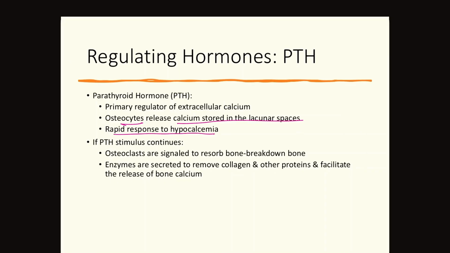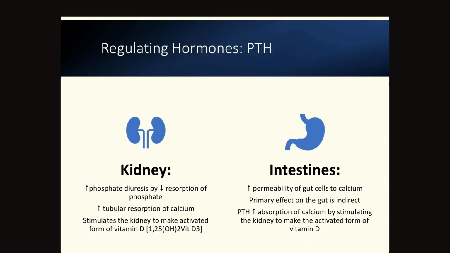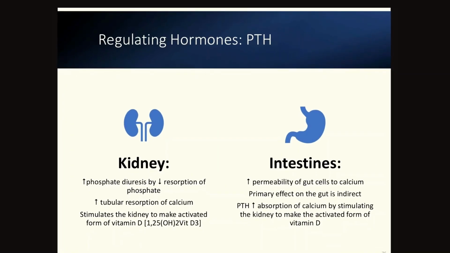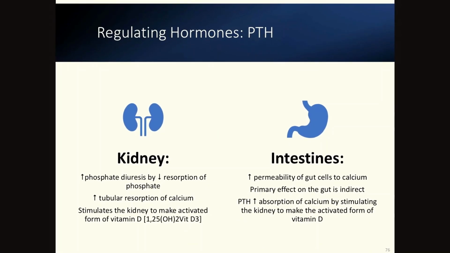If the PTH stimulus continues, osteoclasts are coming out to resorb that bone, breaking it down, and it dumps all that stuff into the bloodstream. So we can get calcium back into the blood. That's what matters. Remember, it's the blood calcium that matters, not the calcium in our bones. It does matter, but from a clinical standpoint, what the body cares about is calcium in the blood.